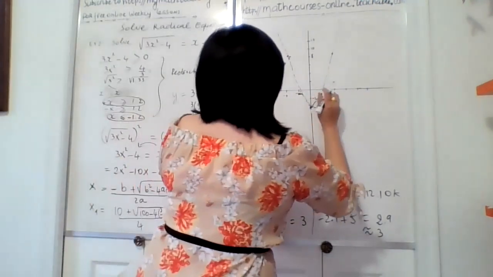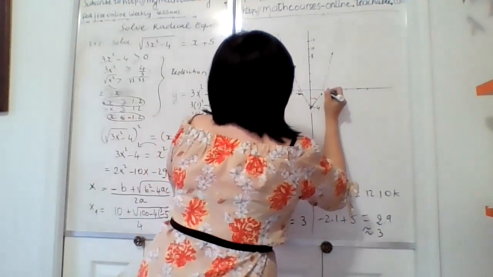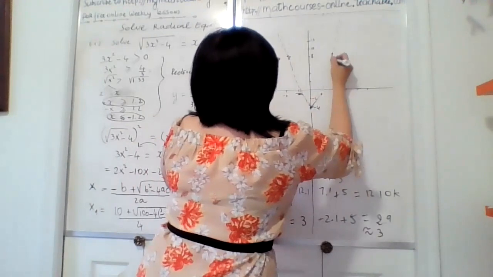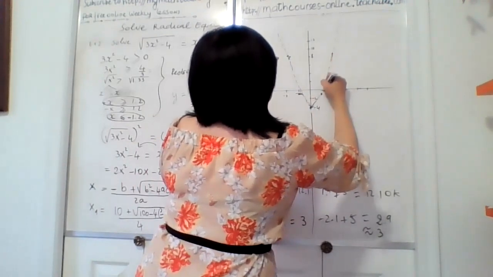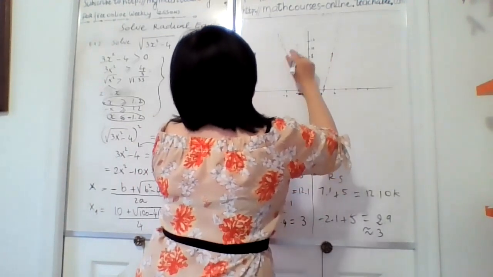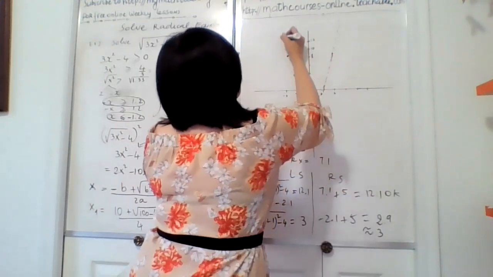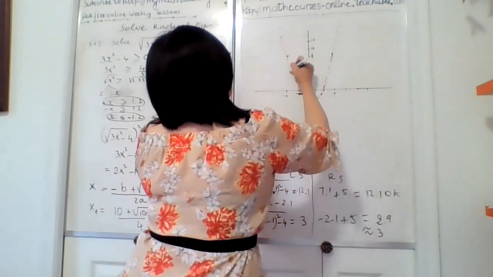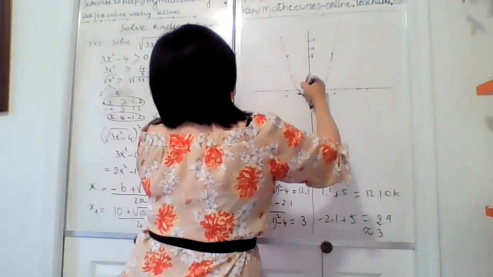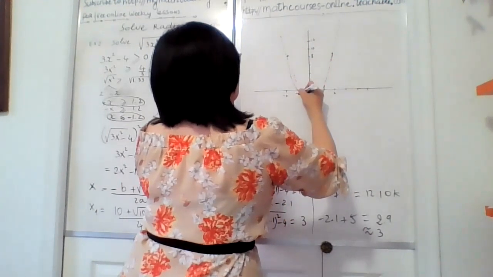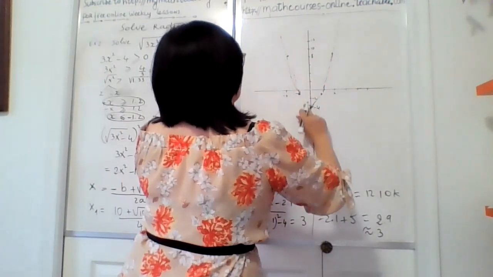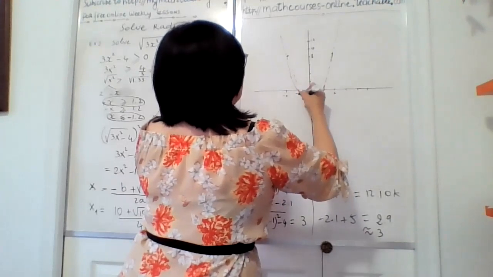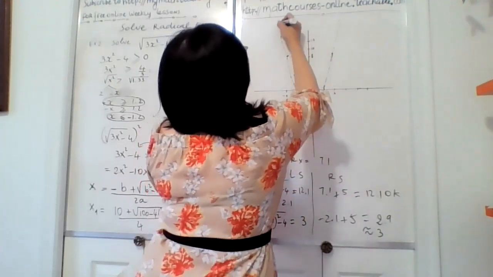So it's over a little bit, but very much correct. This one should have a more round shape. So this is our parabola.